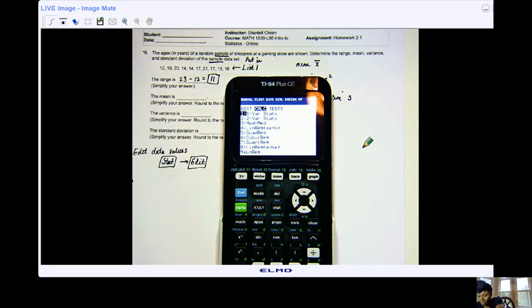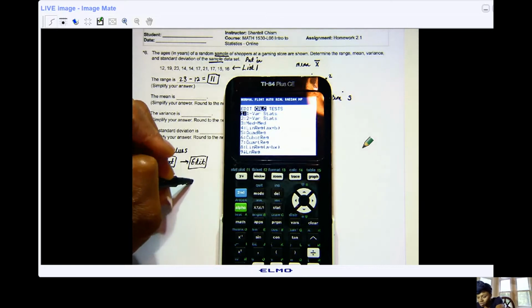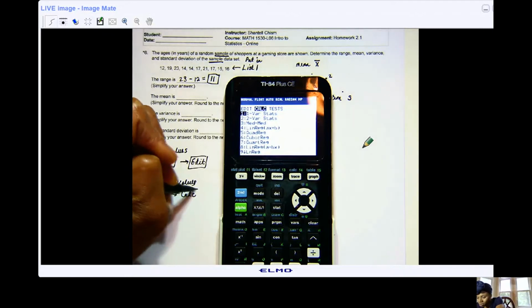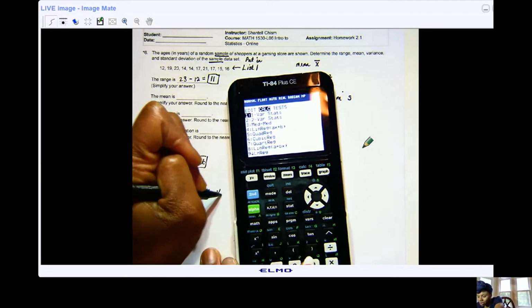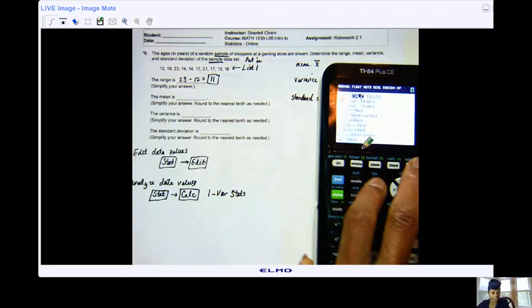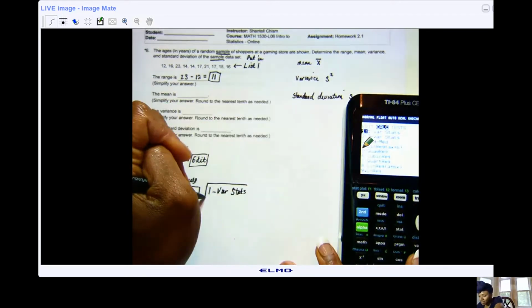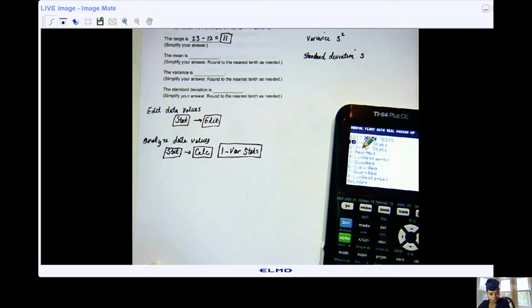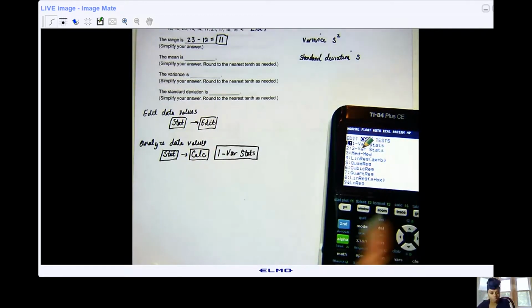To analyze data values, you're going to press stat, go over to calc, and use one variable stats. Again, we have a single data value set. We don't have ordered pairs or anything. So we're using one variable stats.